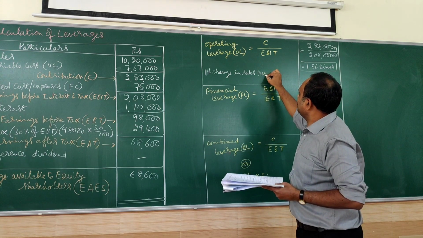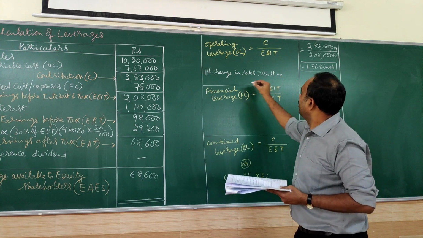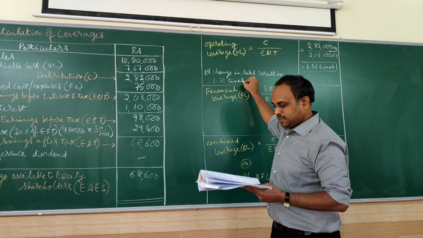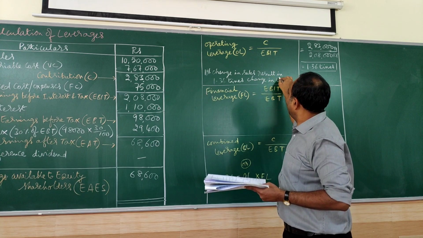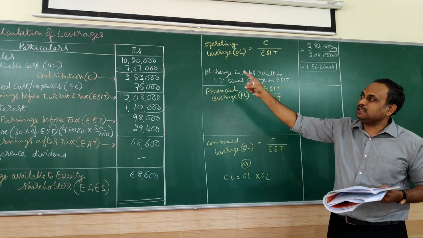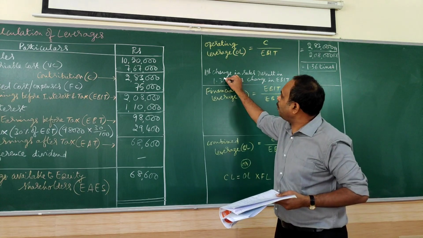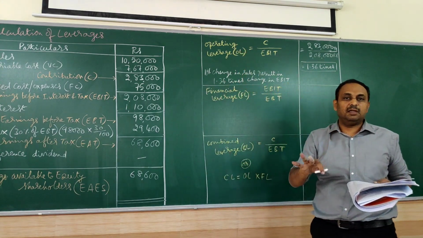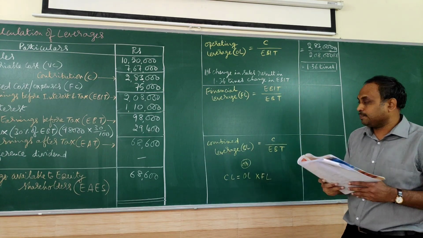So a 1% change will result in 1.36 times change in EBIT. If sales increases 1%, EBIT will increase by 1.36 times. The profit will go more than 1%. It is a good sign for the company or the business.